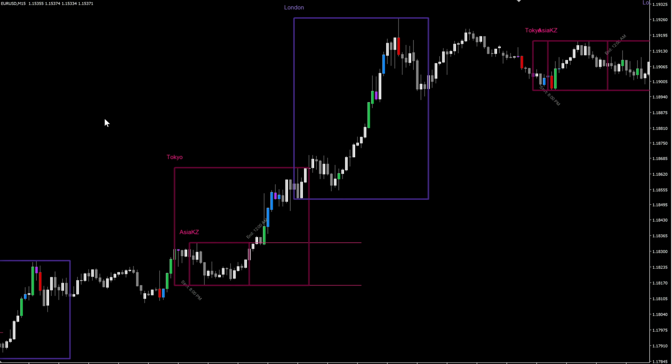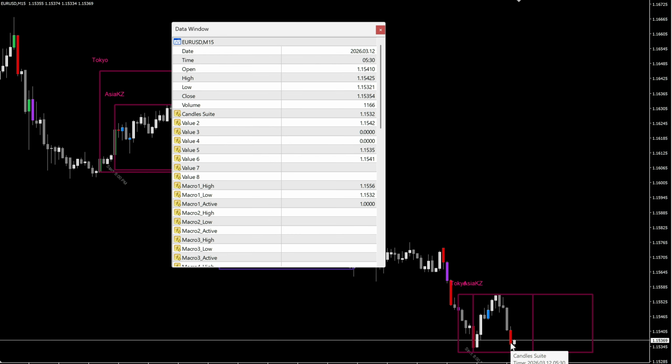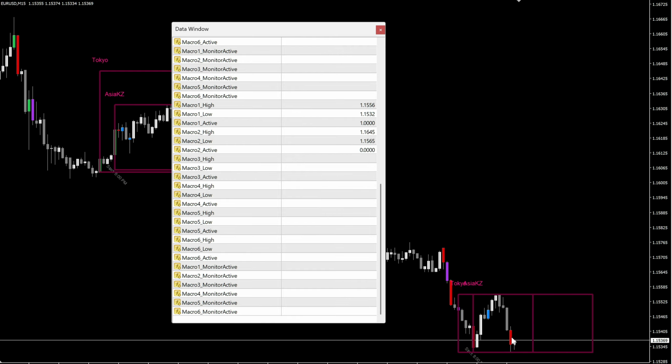And let me show you the shift bar. It will show you which session is active. Like right here, we have macro 1 for the first one, and the second indicator, this one, actually has 2 macros active, and it will show you the high and low for that particular macro and whether or not it's ongoing, like it's currently active or not.